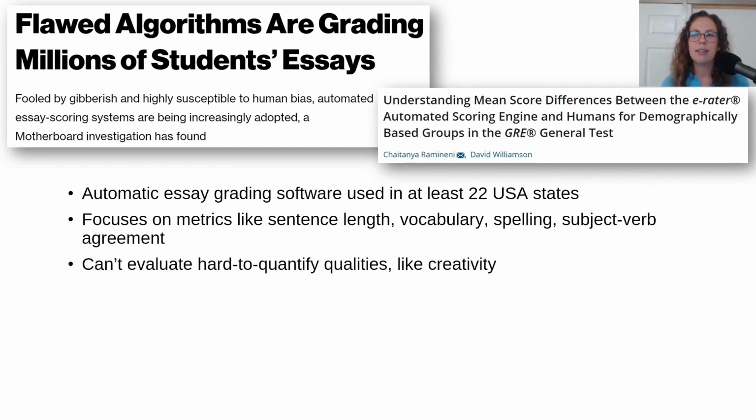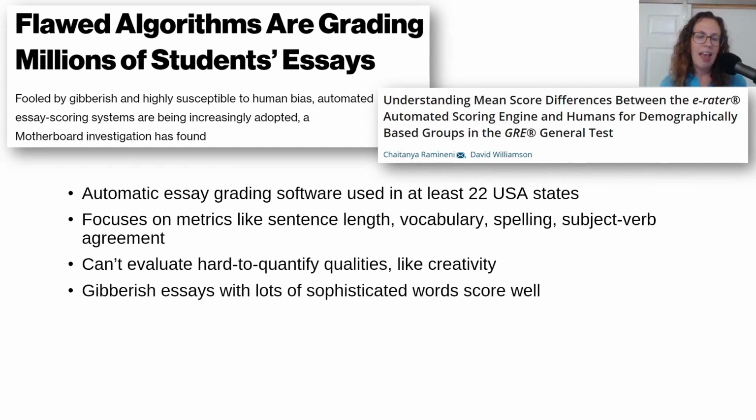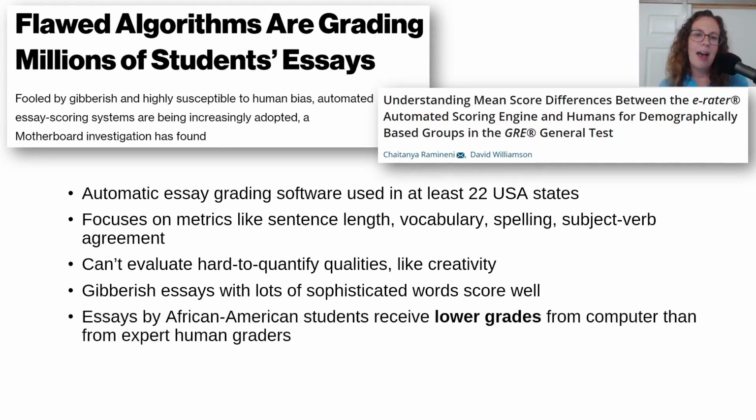But it can't evaluate things like creativity or novelty. However, gibberish essays with lots of sophisticated words score well, and there are even examples of people creating computer programs to generate these kind of gibberish sophisticated essays, and then they're graded by this other computer program and highly rated.